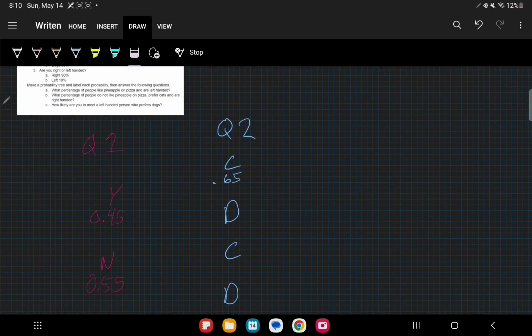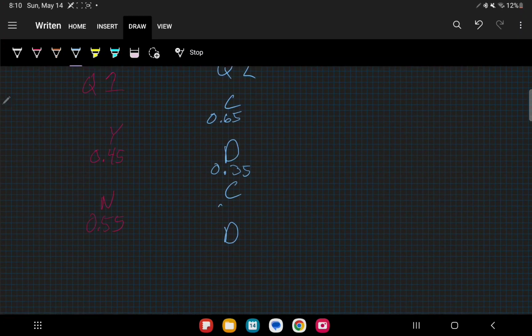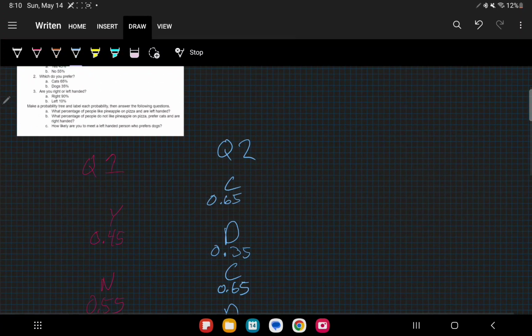Dog gets 0.35, sorry. Cat again, 0.65. Dog, 0.35. Remember, they stay the same for each one.